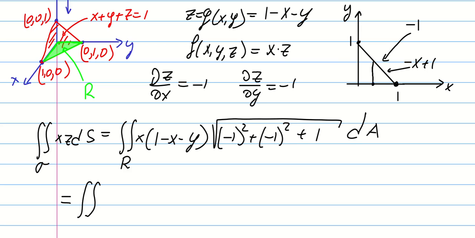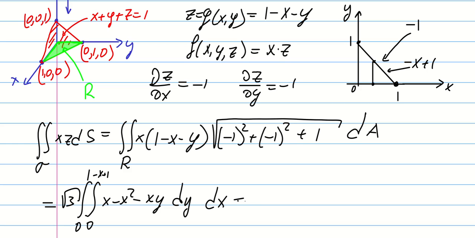For any particular value x, y goes between 0 and this line, so between 0 and minus x plus 1 of, and we multiply it out, so we get this expression, and this will be square root of 3, so we can put it up front here. And we have dy, we have dx. And y is first because we fixed x. The only thing left is to put the values for x, 0 and 1.